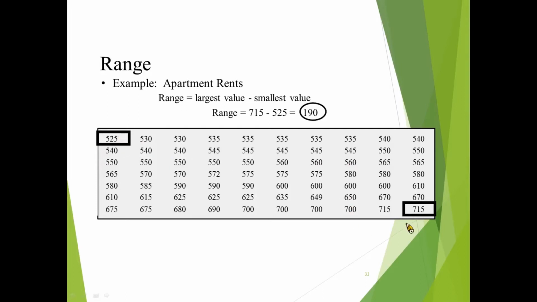Okay, so the largest one and the smallest value, okay, is 714 minus 525 is 190. Okay, this is the range.